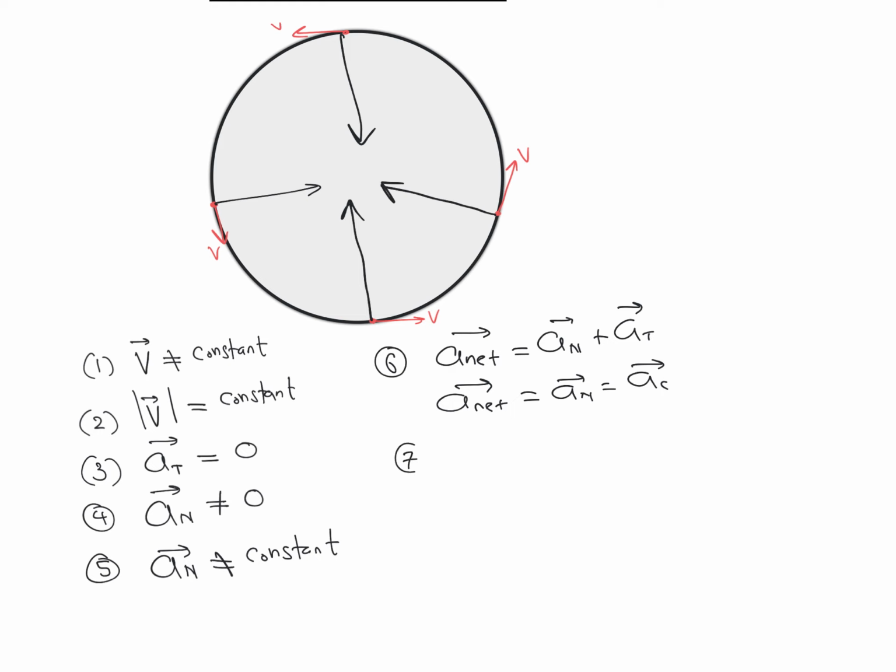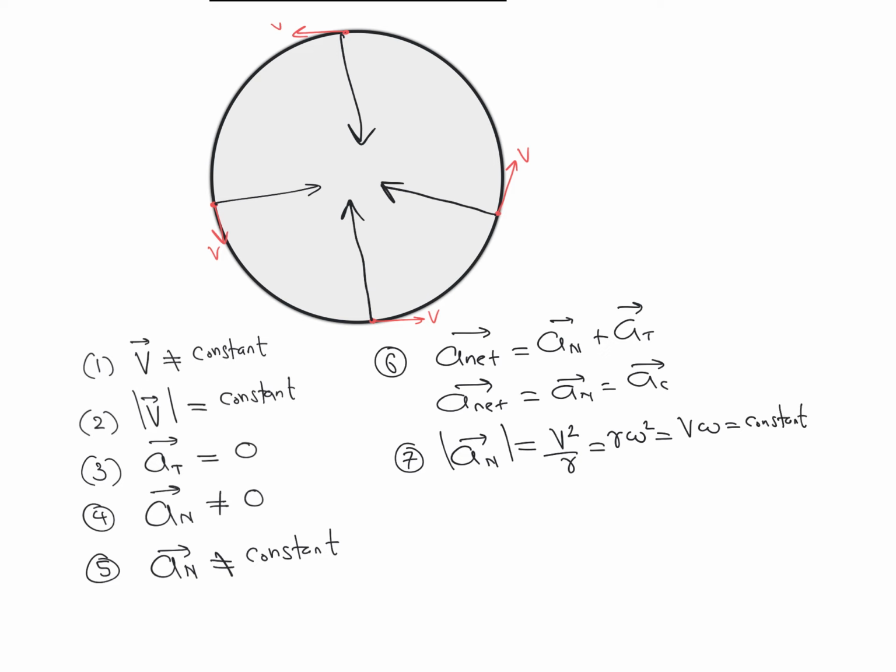Now the magnitude of this normal acceleration is a constant, and we can find it by using the equation v square divided by r, or r omega square, or v omega, which is going to be a constant.